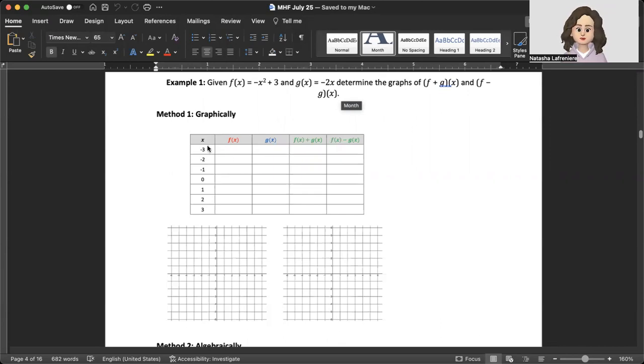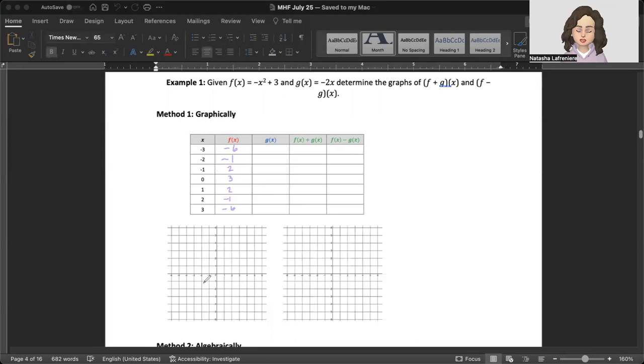I'm just going to write the answers. But if you had -3 squared plus 3, it'll give you -6, -1, 2, 3, 2, -1, and -6.